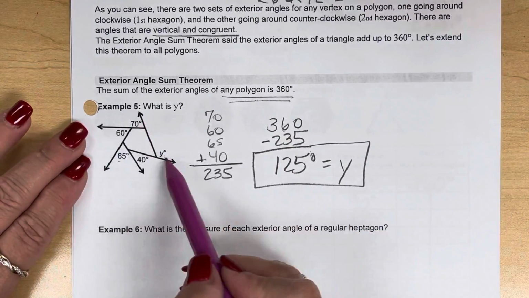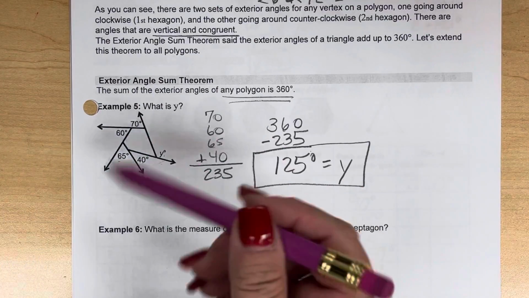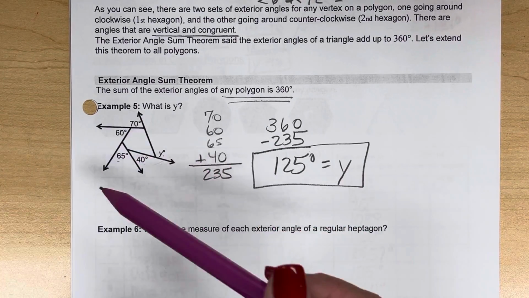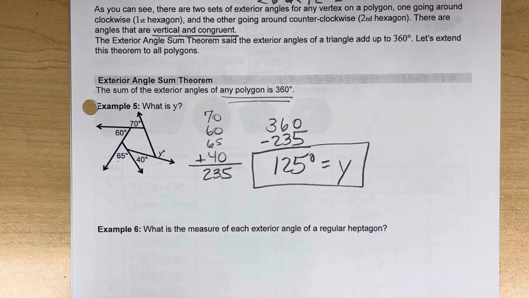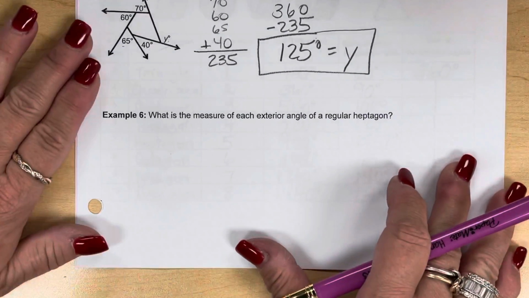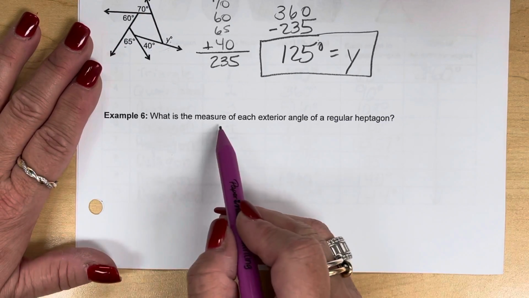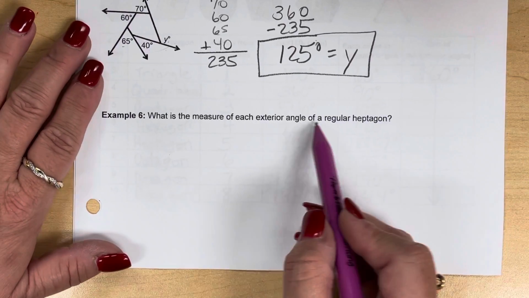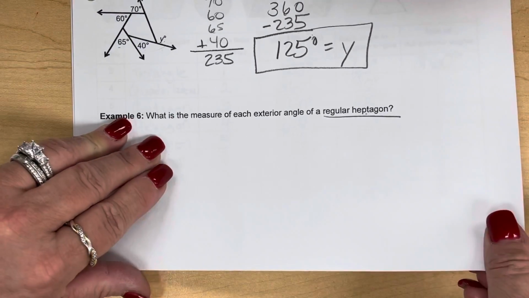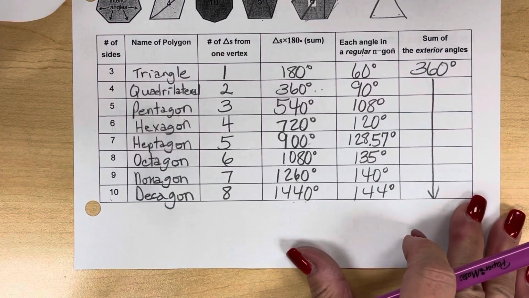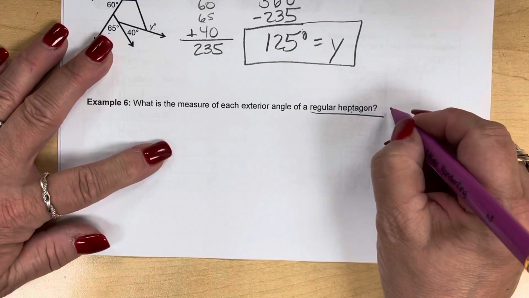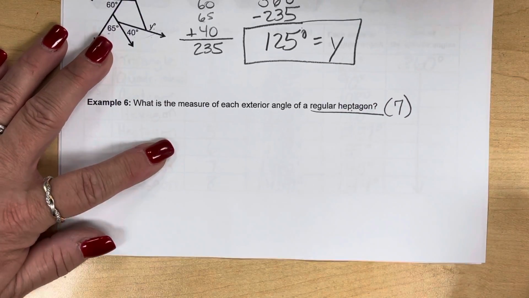So the exterior angles, doesn't matter if you go clockwise or counterclockwise, the exterior angles add up to equal 360 degrees. All right, now the next one, number 6, what is the measure of each exterior angle of a regular heptagon? Now, again, if you needed to, you could refer to the chart to help you keep track of how many sides a heptagon has, but that would be 7, all right?